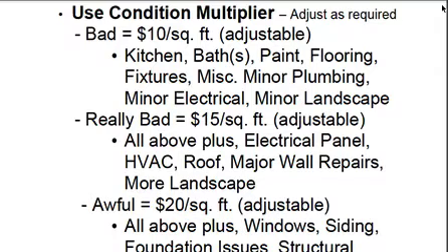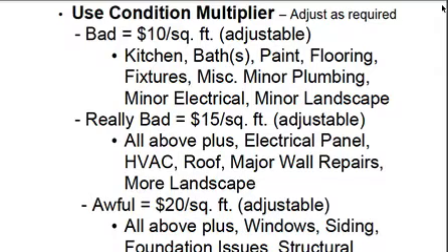All right, so that's bad. Then there's really bad, and that would be 50% more. So if you've adjusted, you might want to adjust your really bad figure too. If you made an adjustment of 50%, say, on your bad figure, well, then adjust the really bad figure by 50%. So if we went to, say, $15 for bad, well, then I'd want to go to $22.50 for really bad.